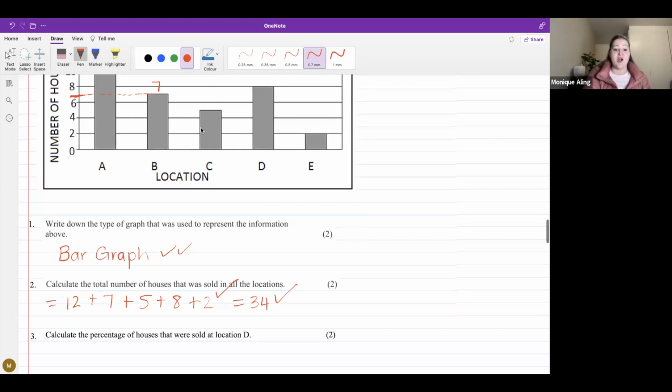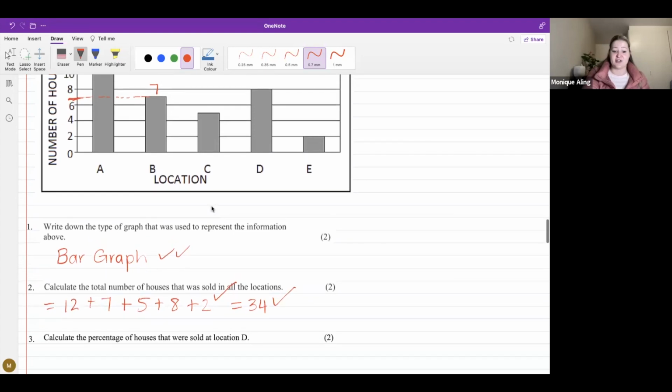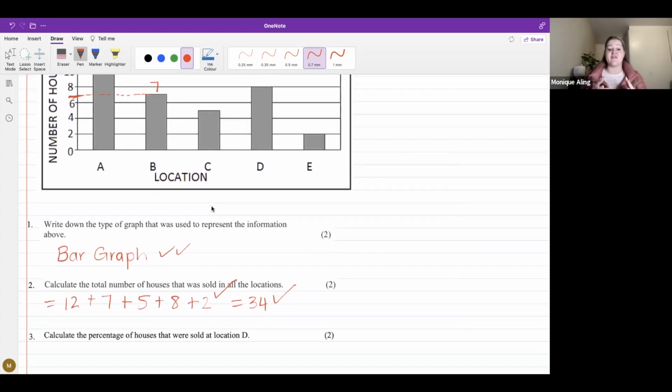Good. Okay, and then the last question for this evening, question 3, calculate the percentage of houses that were sold at location D. So we need to make a percentage. Calculate the percentage of houses that were sold at location D. I'm going to give you guys a minute or 2 to think about this one. Try, figure it out.